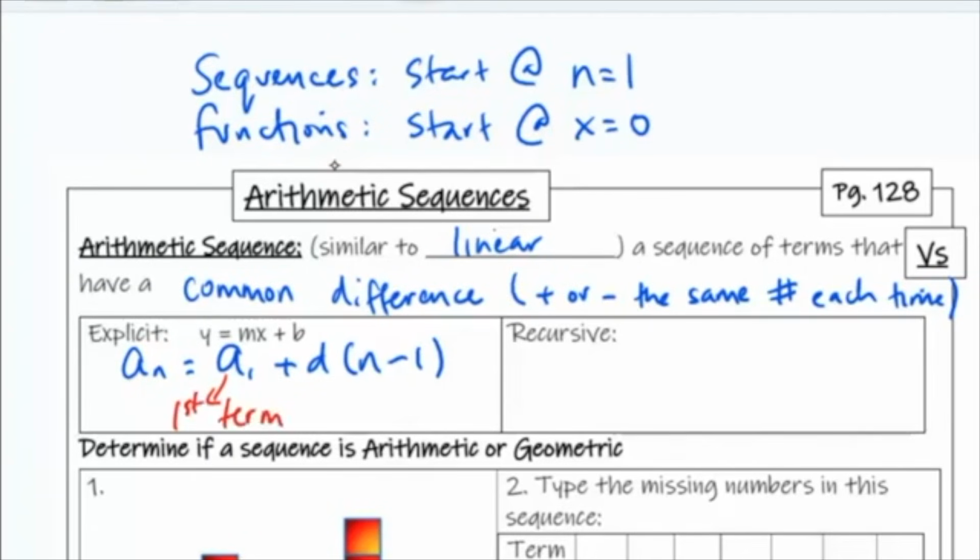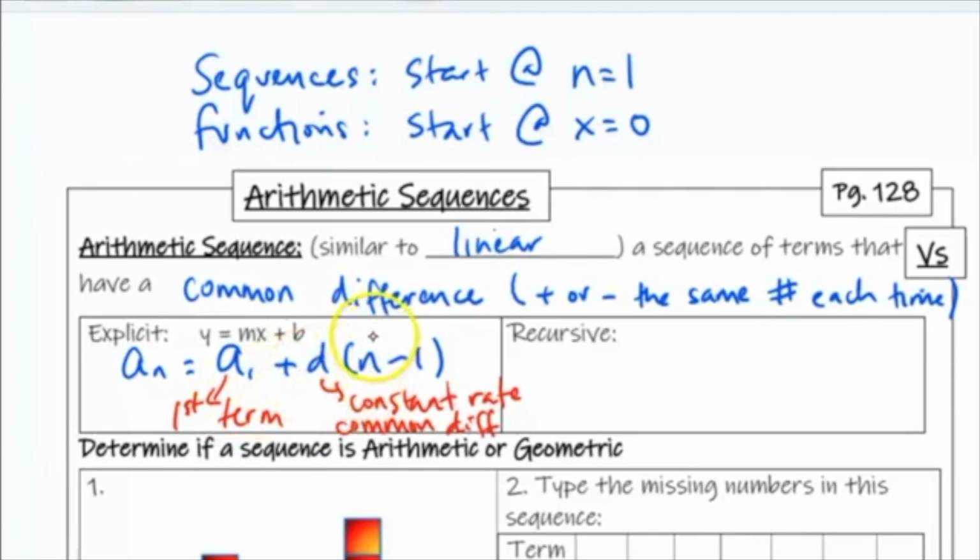D is going to be your common difference or your constant rate. That way you know both, right? So D is your common difference, your constant rate. A sub 1 is going to be your first term, and n is just the number of terms.